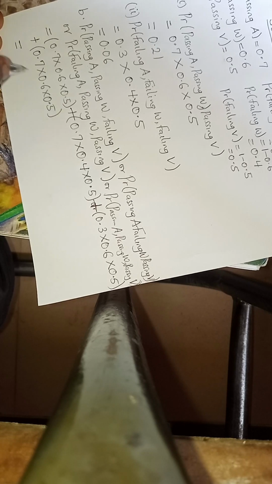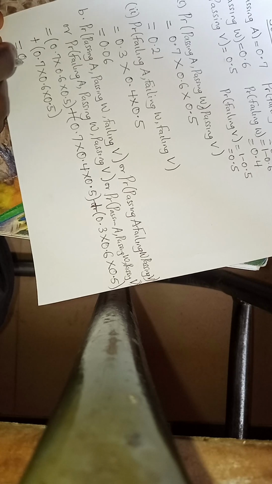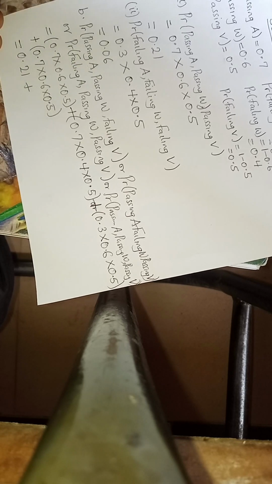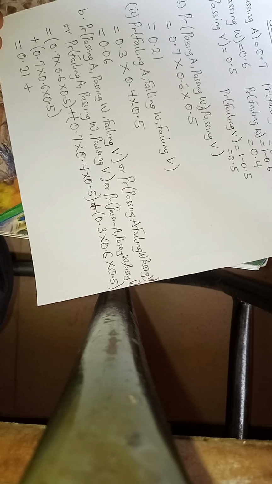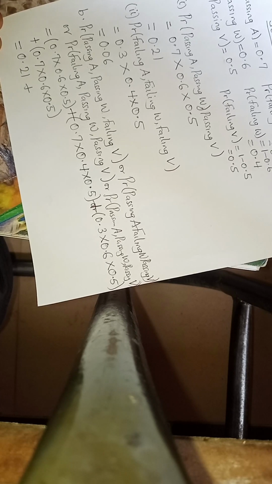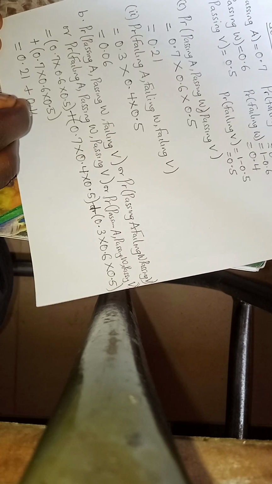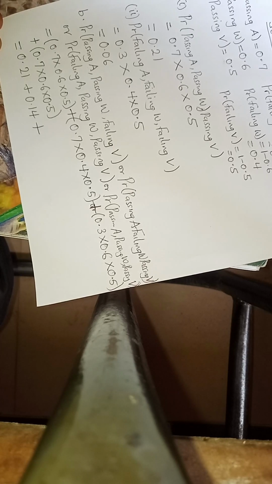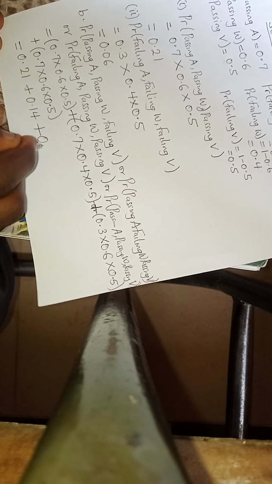equal to, so this gives 0.21 plus, now when I multiply this one, we have 0.7 times 0.4 times 0.5, that gives 0.14 plus, then if I multiply this one, now we have 0.3 multiplied by 0.6 multiplied by 0.5, that gives 0.09.